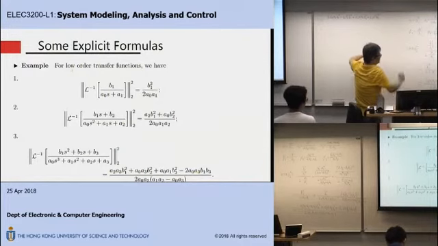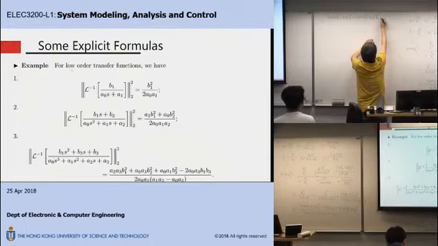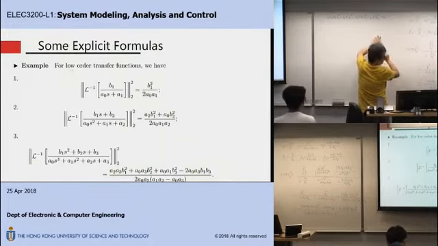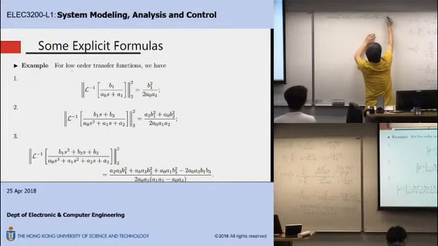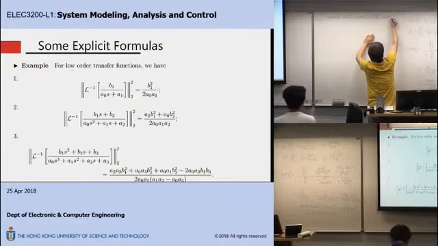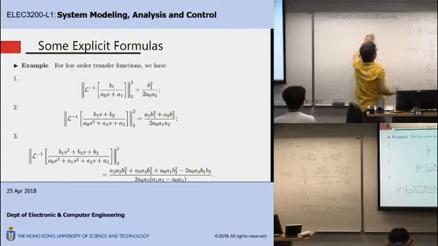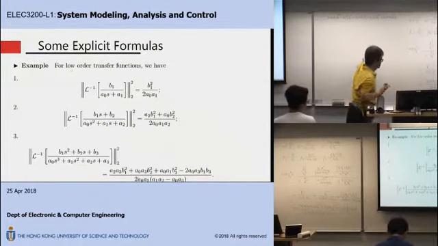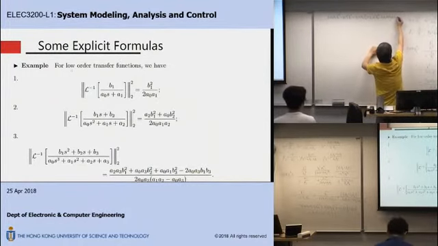The cross term is minus 2A0, A1, A3, B1, B3.